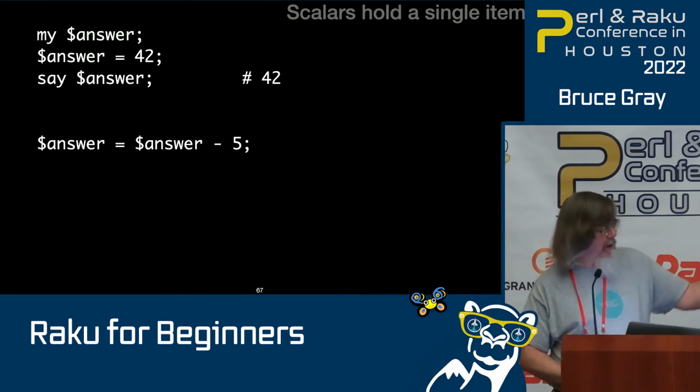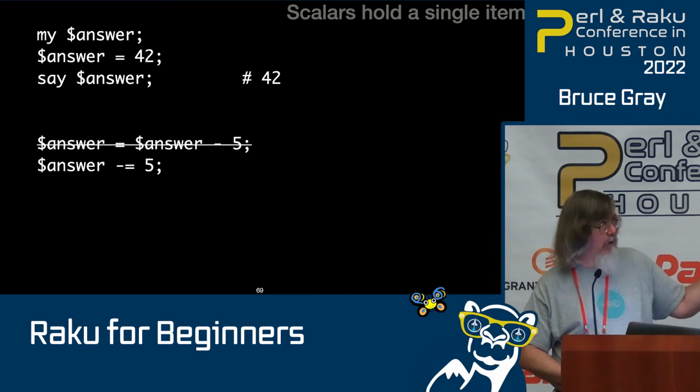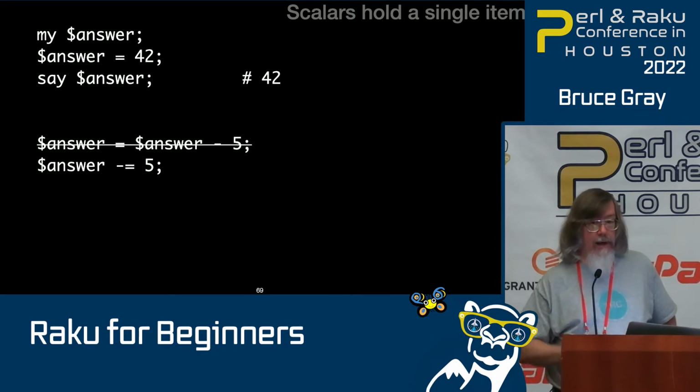When the change is based on the old value, we can shorten it with the op-equals form, in this case the minus-equals operator. By the way, every infix operator has an op-equals version of itself.